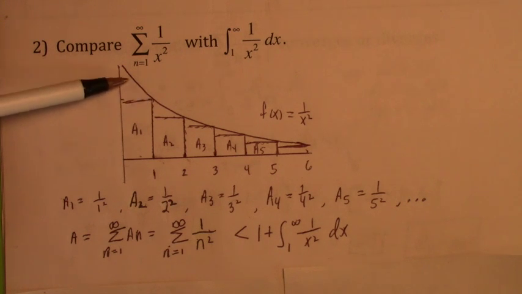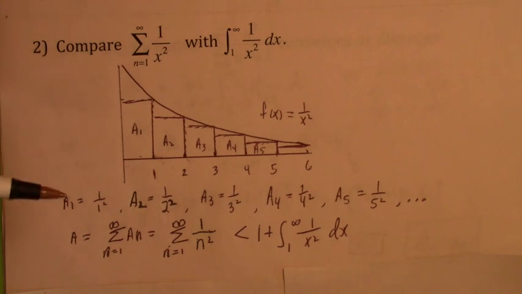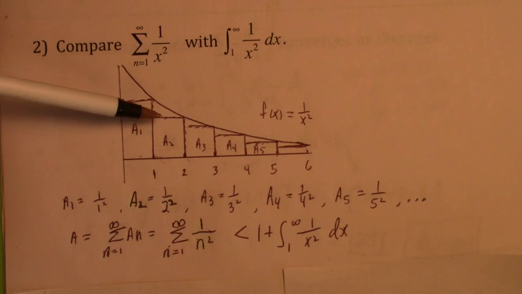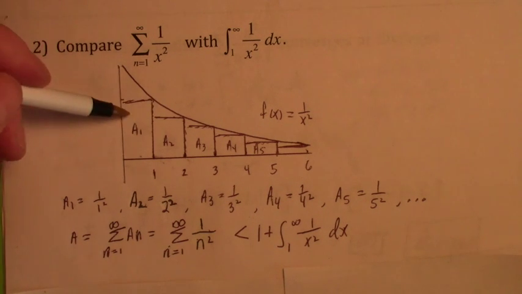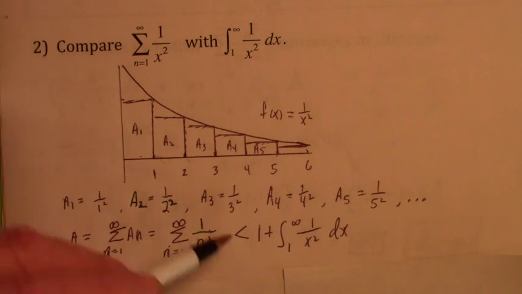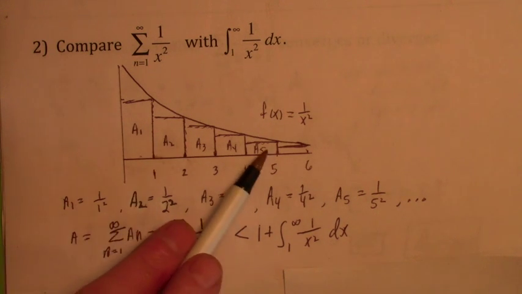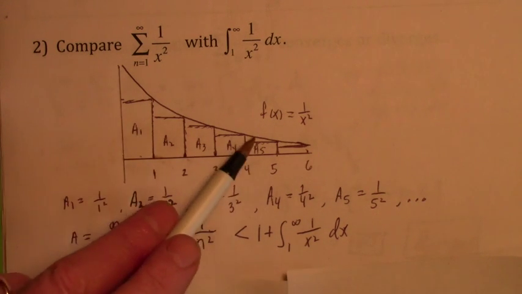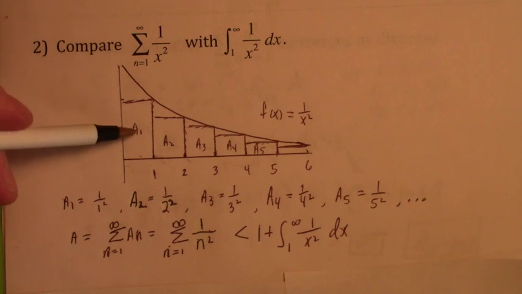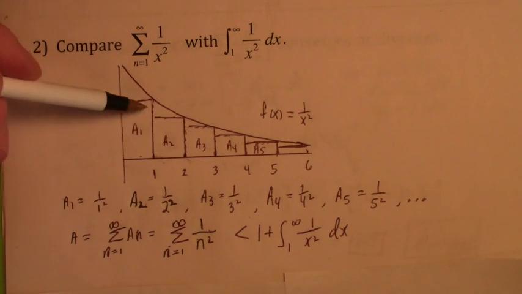The area under the integral from 1 to infinity would actually be the area starting at 1. So you'd have to add this first rectangle to it, and that has the area 1. But anyway, it's less than. Is that clear why the sum of the areas of the rectangles is less than 1 plus the area under the curve, because you have all this error here.